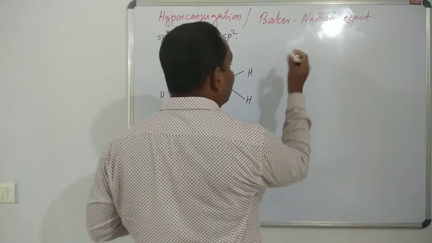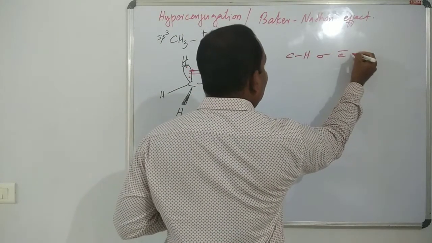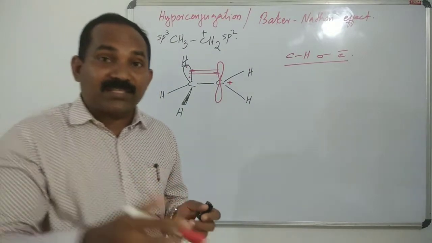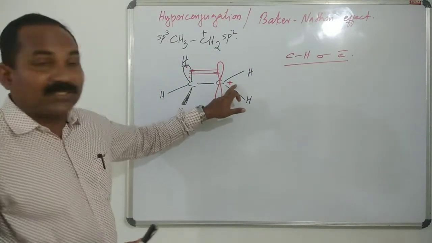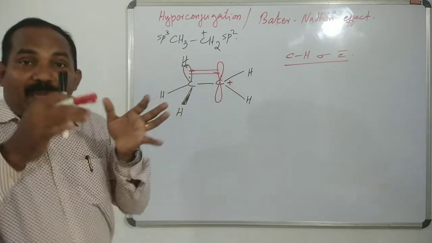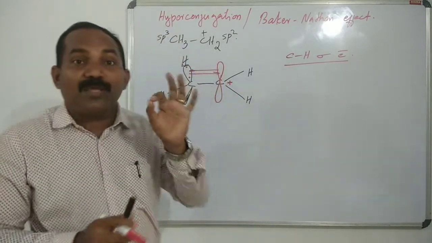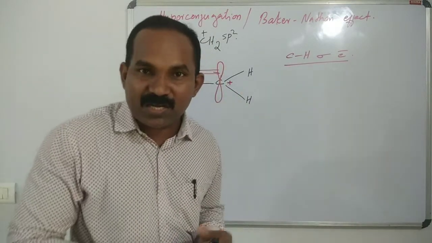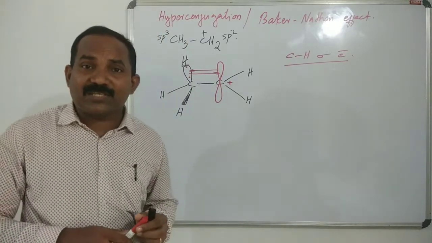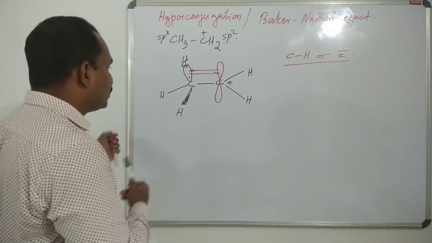Very important: the CH sigma electron, when it is attached to an unsaturated system or to an atom with an unshared p orbital. Okay, let's draw these hyperconjugation structures.